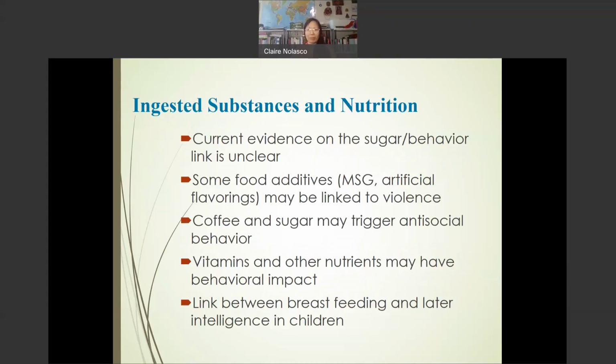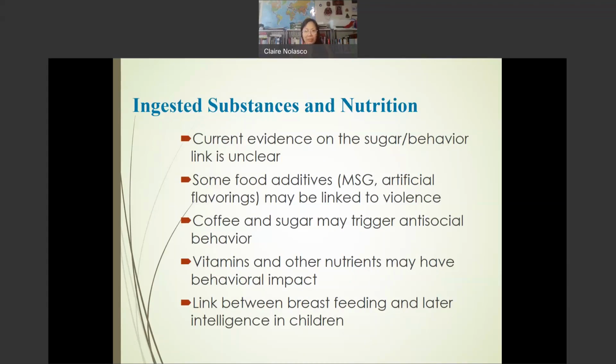Now, current evidence on the link between sugar and criminal behavior is unclear. There are studies trying to find the link between sugar and antisocial behavior, and the results are mixed. Some support the link and others show that there is no association.